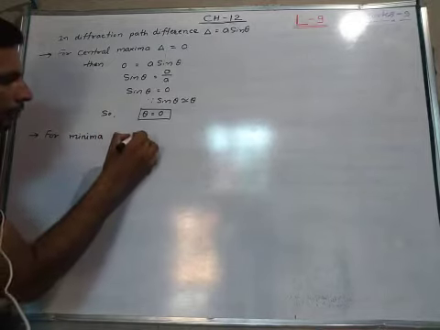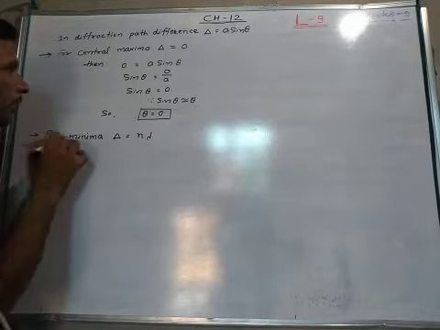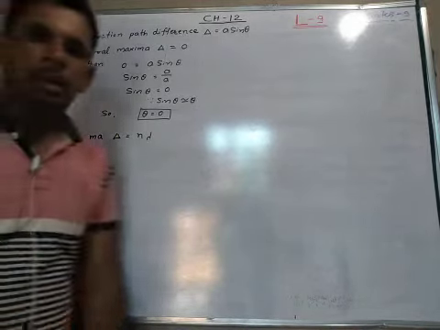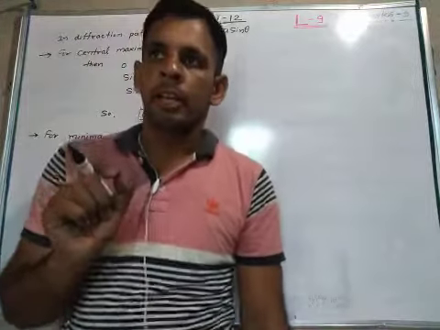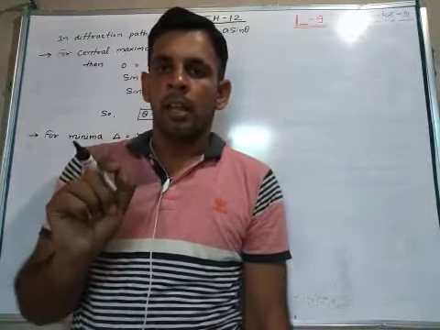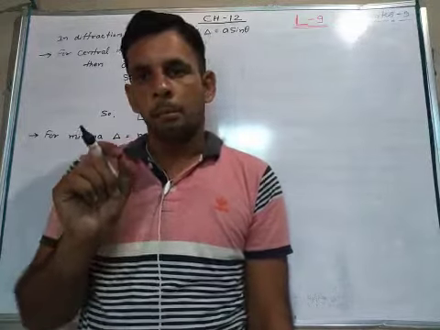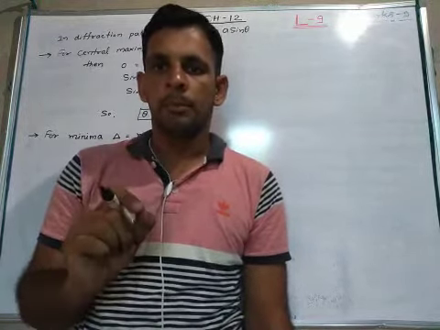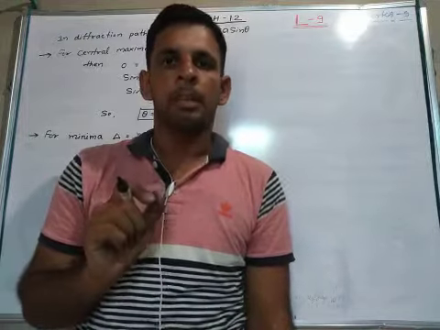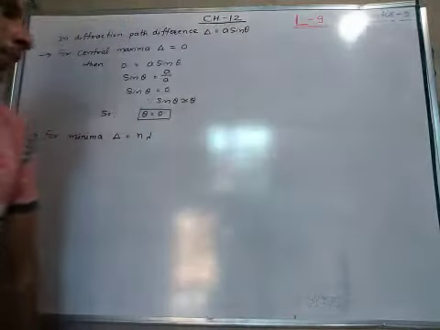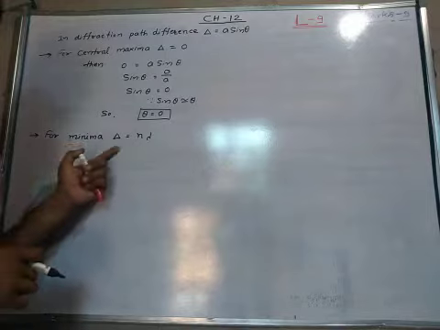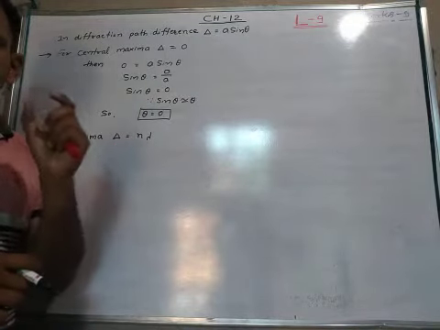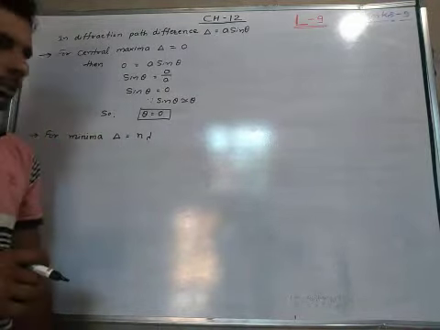Delta equals n lambda. Minima is the point where the intensity is minimum in diffraction. At minima we take the same path difference as in constructive interference.